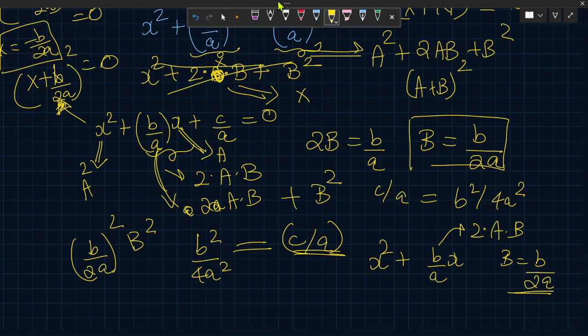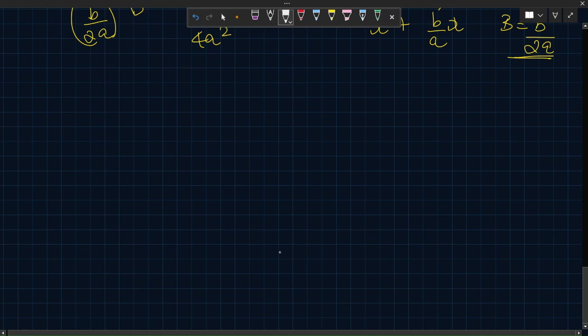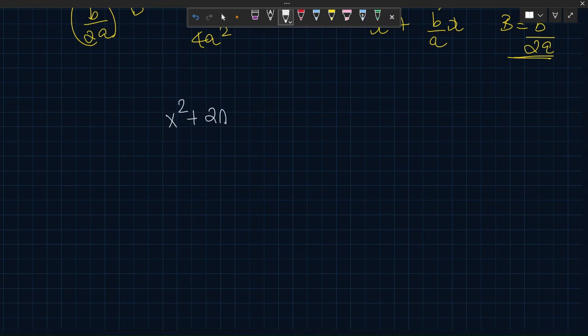Now hold on, pay attention. This is one of the most important things in mathematics. If I had x squared, I already have a term of the form 2ab. Sorry, a is just x in this case. If I had a b square term, I could have just written it as x plus b the whole square.